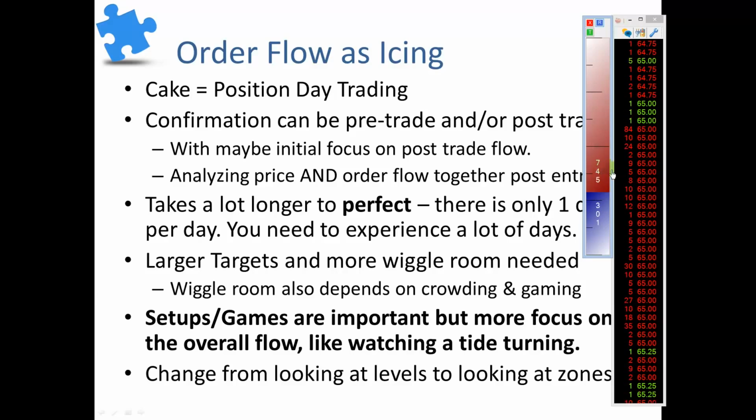We can slowly see some buyers, some sellers coming in, 64.75. So let's just watch that run. If you go long and you see 2,000 buy market orders and 600 sell market orders after you enter and price is moving up, you're probably okay. Also, if you go long and you see 2,000 sell market orders, 600 buy market orders, but price doesn't tick up, you're probably okay as well, because sellers are getting trapped.